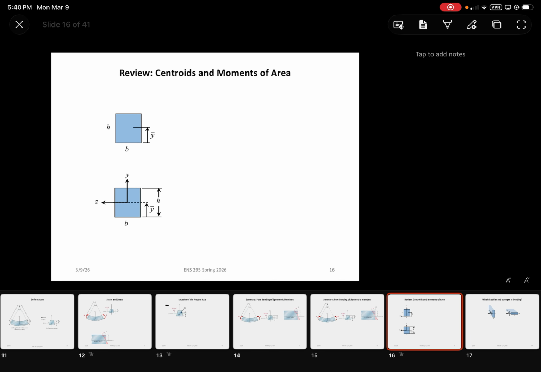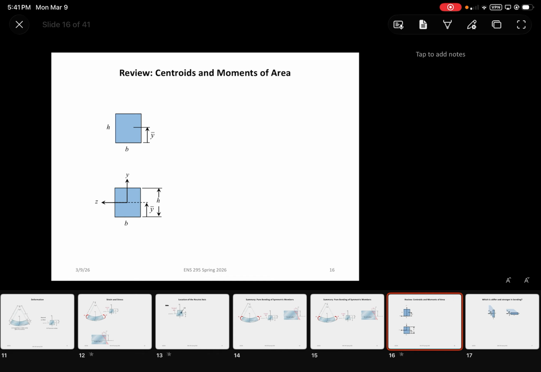All right, so this equation becomes very useful when we remember how to calculate the second moment area of inertia for a rectangular cross section. What do you guys know is the second moment area of inertia for that? Should be a memorized value at this point.